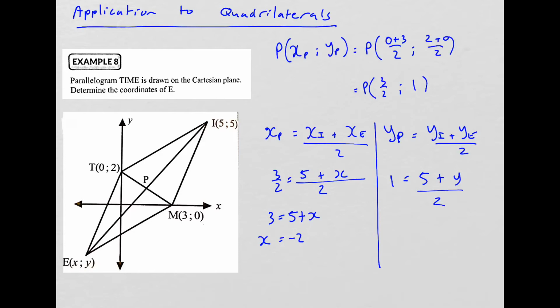Right, multiply both sides by 2 to get rid of the denominator, so we get 2 equals 5 plus y, therefore y equals negative 3. All right, always conclude: therefore the coordinates of E, which they've asked for, are (-2; -3).